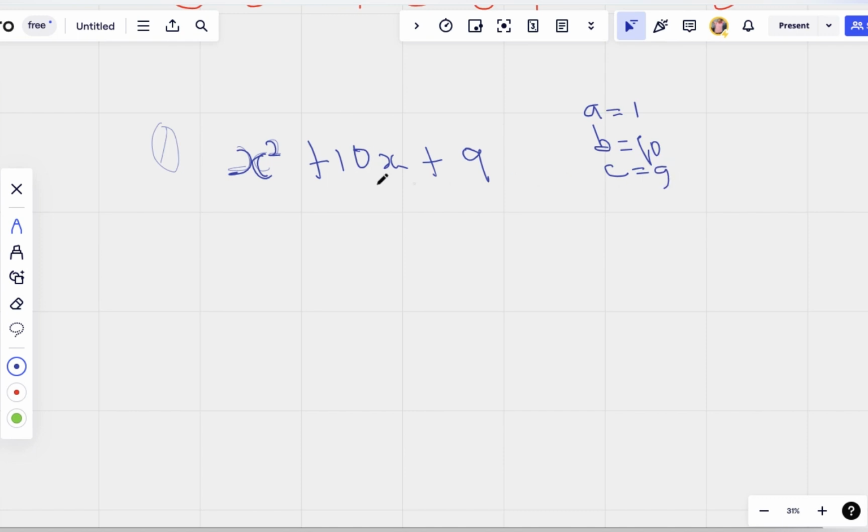So this is a quadratic expression. This is not an equation. Why? Because we didn't put equals to anything. If we said equals 1, equals 0, equals a negative number, equals anything, it would be an equation. Since we didn't put equals, this is a quadratic expression.